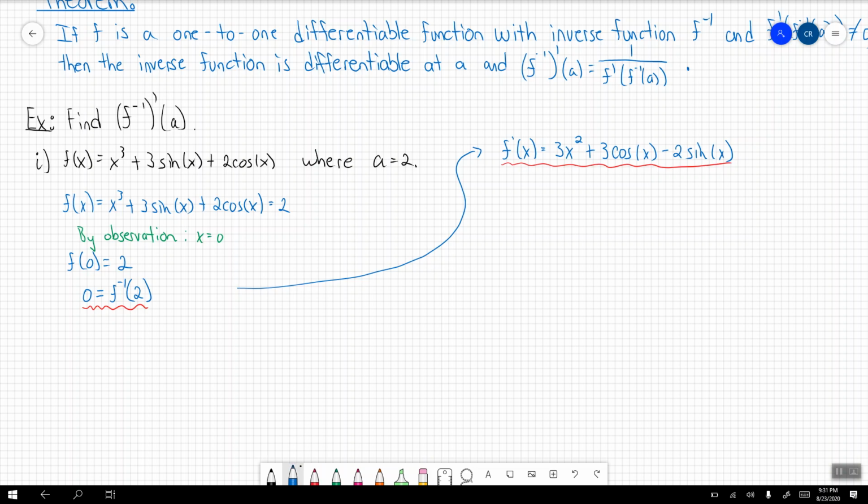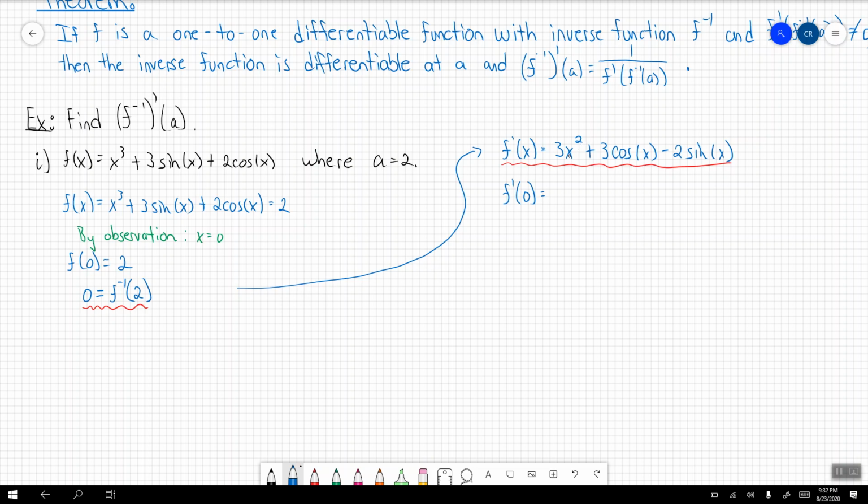So when we're trying to find f inverse of a, we know that to be f inverse of 2, which is 0. That means that 0 needs to be evaluated into that derivative. So this is going to be f prime evaluated at 0, because again that was f inverse of a, which was 0.